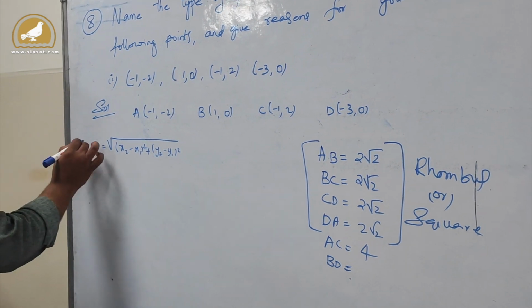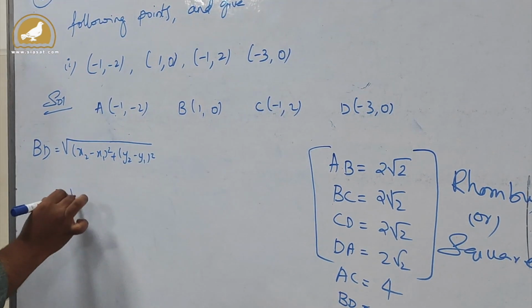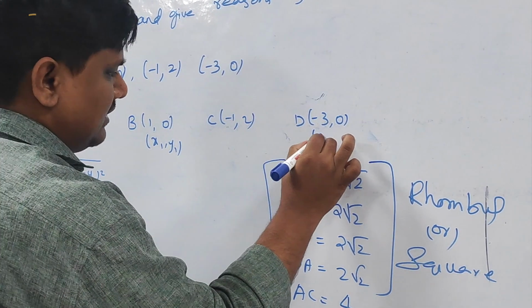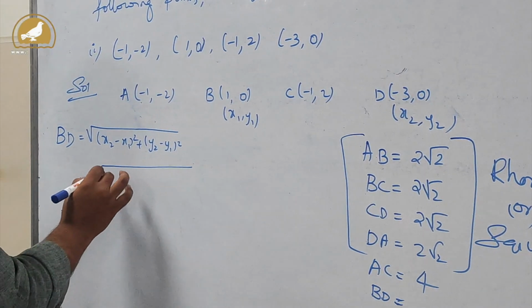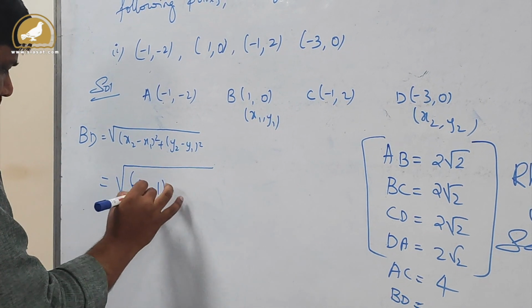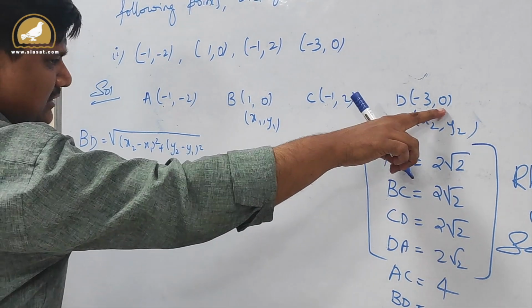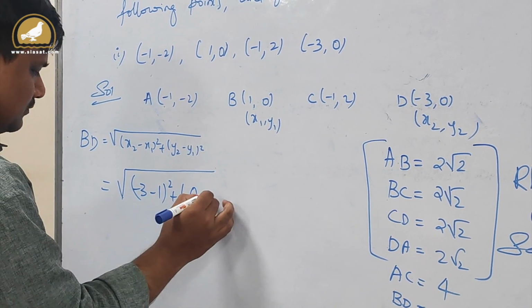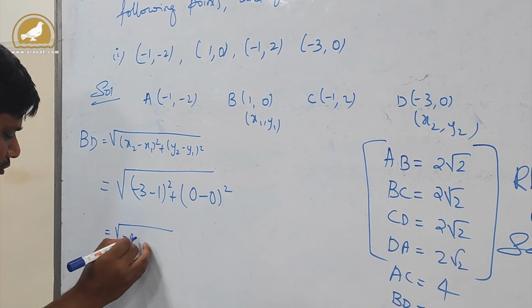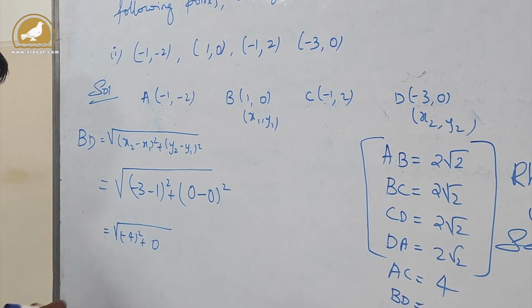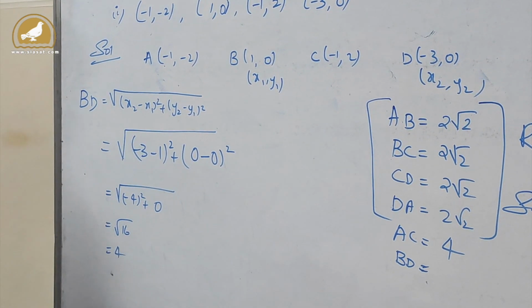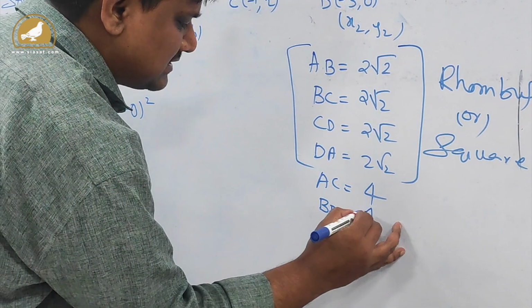Next we will calculate the distance between B and D. B is x1, y1 and D is x2, y2. So x2 value is -3 minus x1 value 1, whole square, y2 value is 0, y1 value is 0. -4 square plus 0. This is nothing but 16, root 16 is 4. So I got the value of BD as 4.